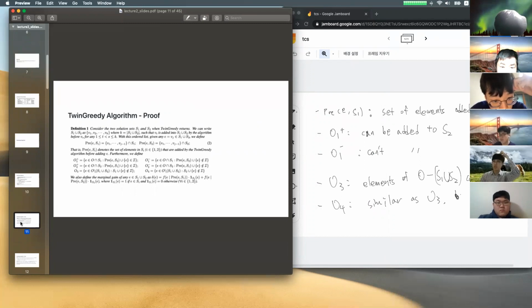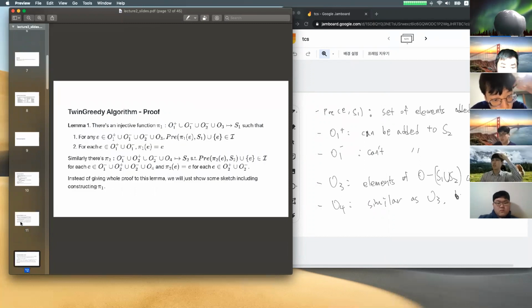First we will prove some lemmas. Lemma one says there is an injective function pi1 such that these two properties hold, and there also exists an injective function pi2 defined similarly.